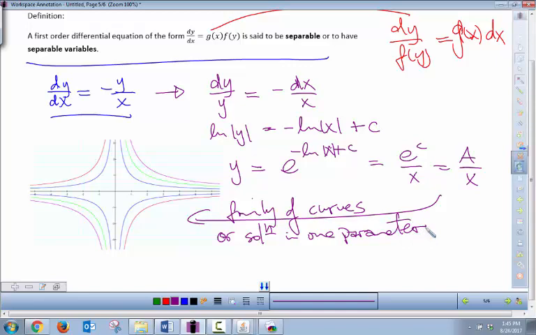Right? So that's what we talked about. Now, if you have an initial condition, then you're going to restrict your curve to something. So, anybody want to pick a point? Do we want to use that same point again, 3, 2, or 2, 3, whatever it was? Let's use 2, 3. Let's go to the next page.